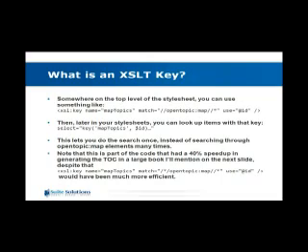In this case, the name is map topics. It has a pattern. The key is going to be defined for every node that matches the match pattern. So in this case, it'll be any element that's anywhere under OpenTopic map.